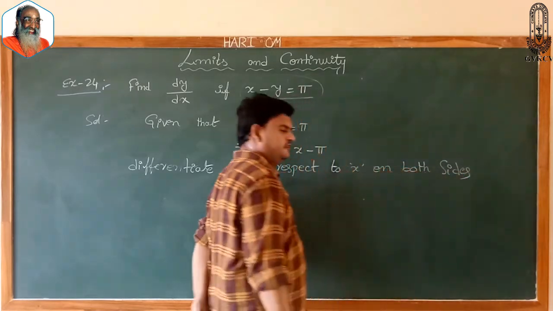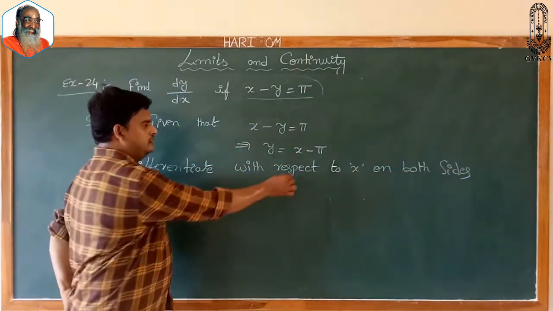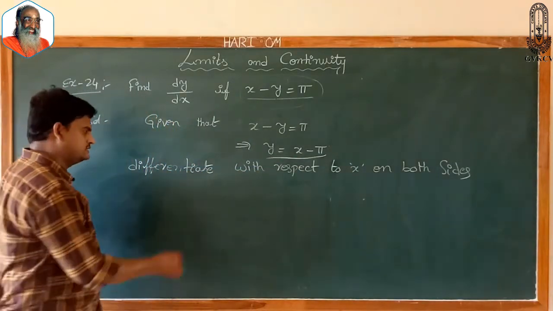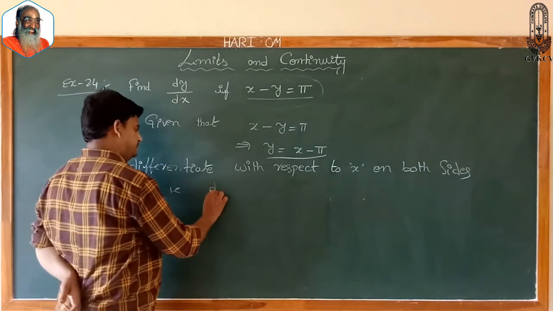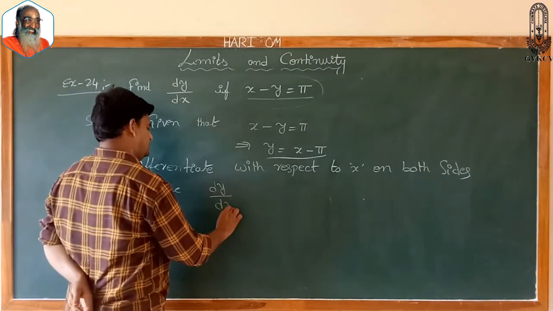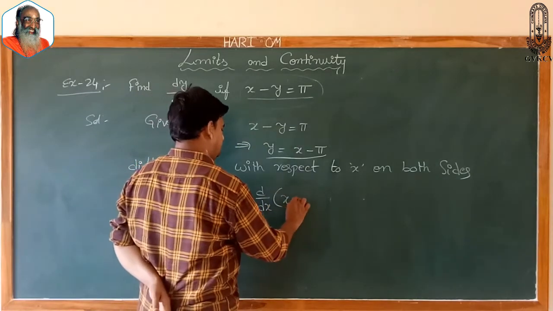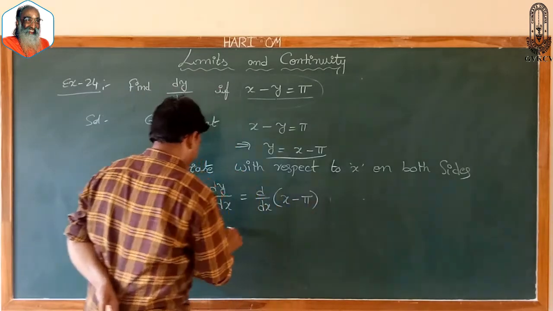Now I am going to differentiate this entire function with respect to x. Let us see. That is dy by dx is equal to dy by dx of x minus pi.